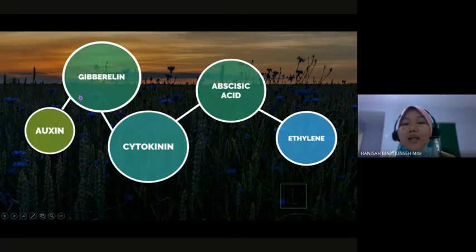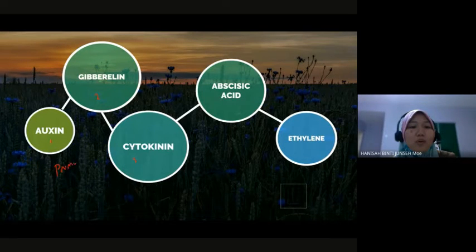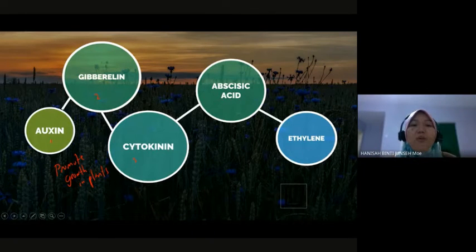There is a reason why we arrange it like this. I mean, why we mention the first three, auxin, gibberellin, and cytokinin, and then the last two, abscisic acid and ethylene. It is because these three, auxin, gibberellin, and cytokinin, promote growth in plants.